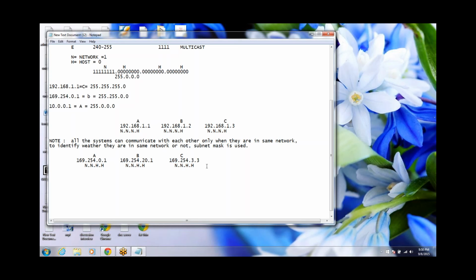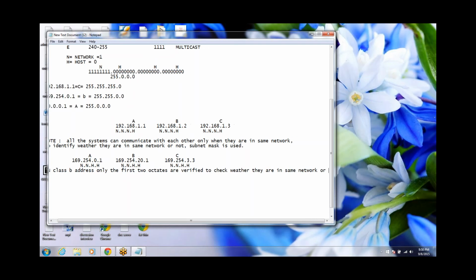Because in a class B address, only the first two octets are verified to check whether they are in the same network or not.